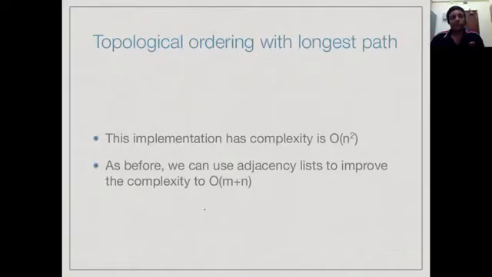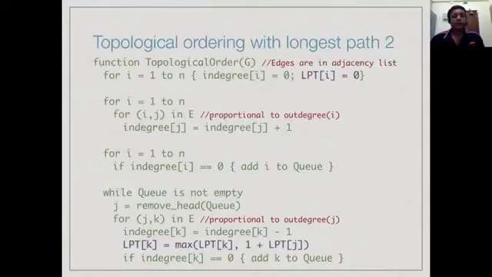So as before, we can update this whole thing using adjacency lists and a queue to make it a linear time algorithm. If you go back and look at the topological ordering algorithm, you'll find that the same changes are required to make it additionally compute the longest path. So what we do in initializing is again the same. We do it for every vertex, so this is an order n step. Right? We initialize both the in degree and the longest path.